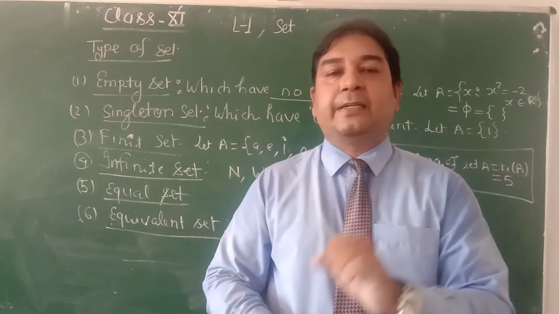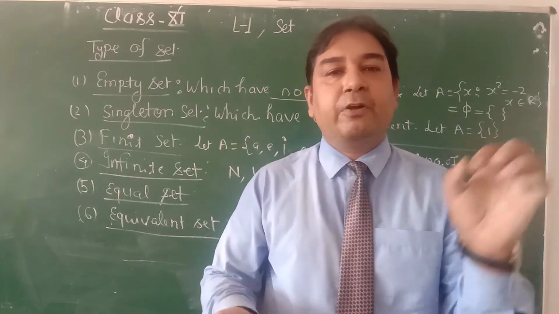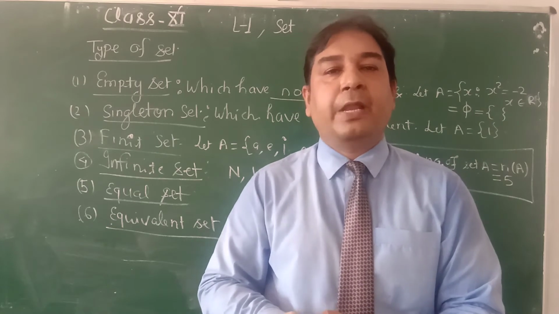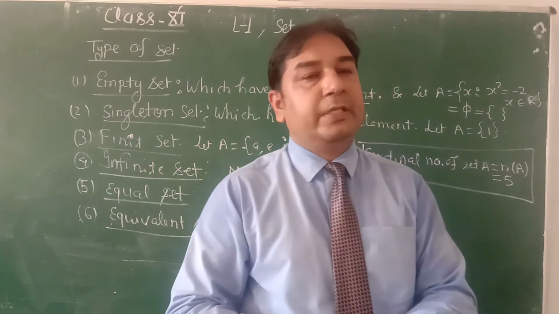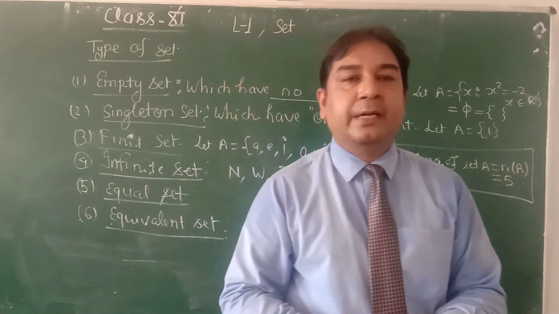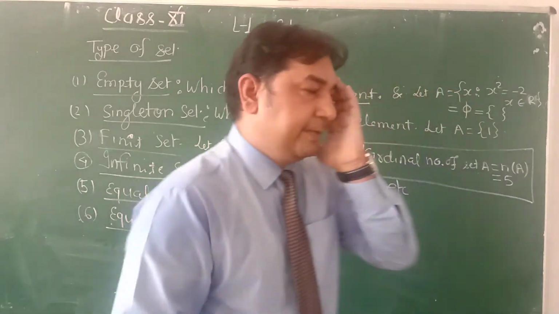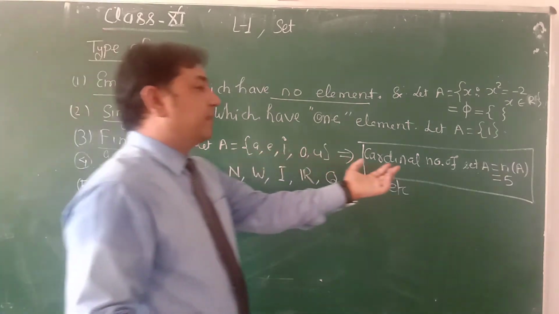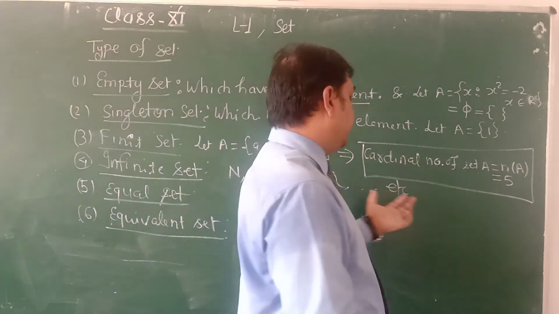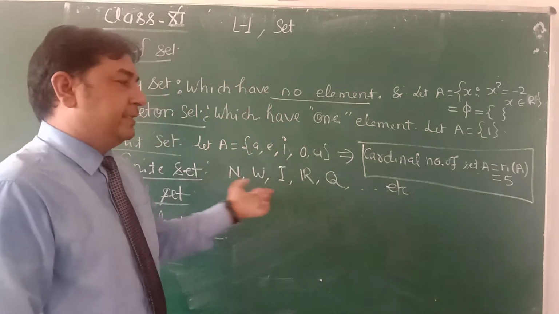In these sets, we cannot count how many elements there are. So these are examples of infinite sets. That is, only for a finite set can we get the cardinal number. For an infinite set, no cardinal number exists.